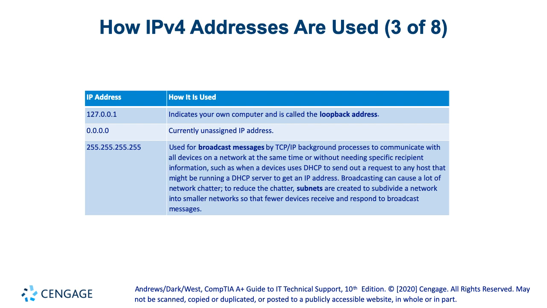This is how a computer configured to receive a dynamic IP address will send out a broadcast message to 255.255.255.255 and ask for a DHCP server. The DHCP server will get the message and respond with the information needed to configure the computer, and all other devices will ignore the request.